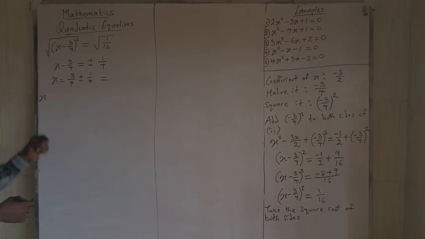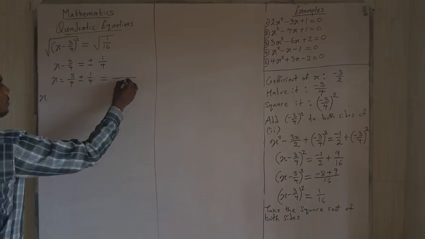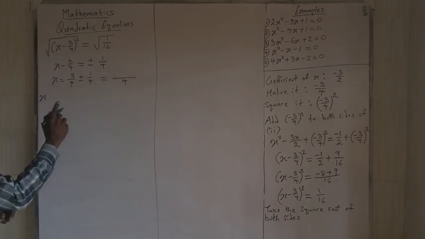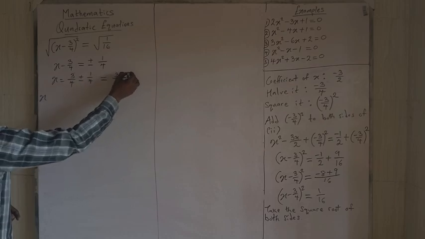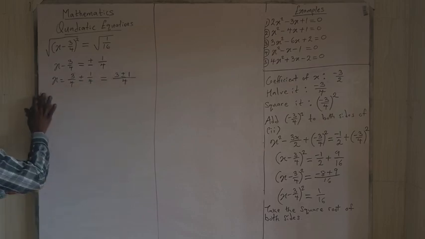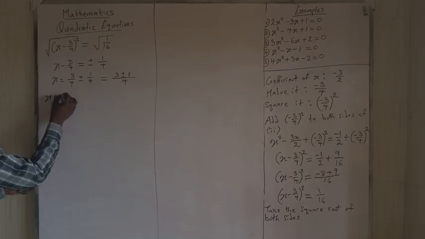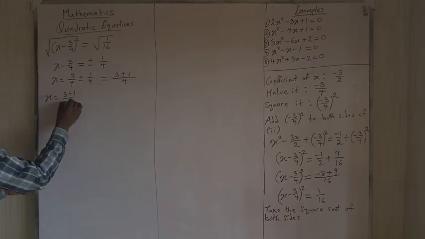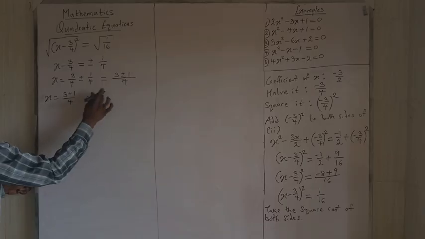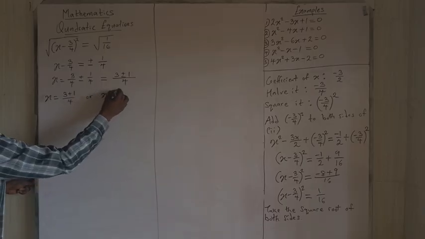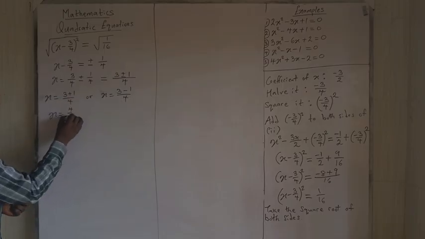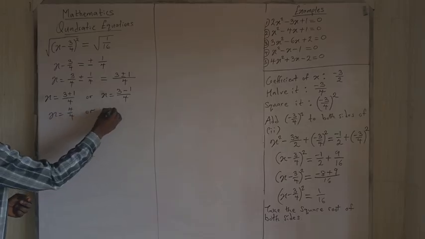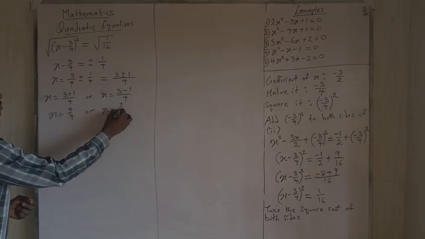Let's find the LCM. The LCM of 4 and 4 is 4. 4 divided by 4 is 1, multiplied by 3 is 3, plus or minus 1. x is equal to 3 plus 1 over 4, or x is equal to 3 minus 1 over 4. 3 plus 1 is 4 over 4. x is equal to 3 minus 1, that is 2 over 4.